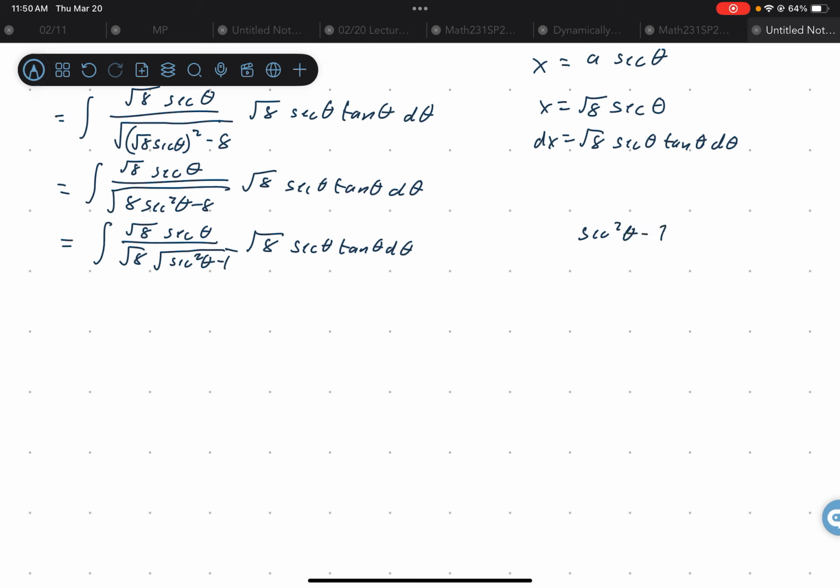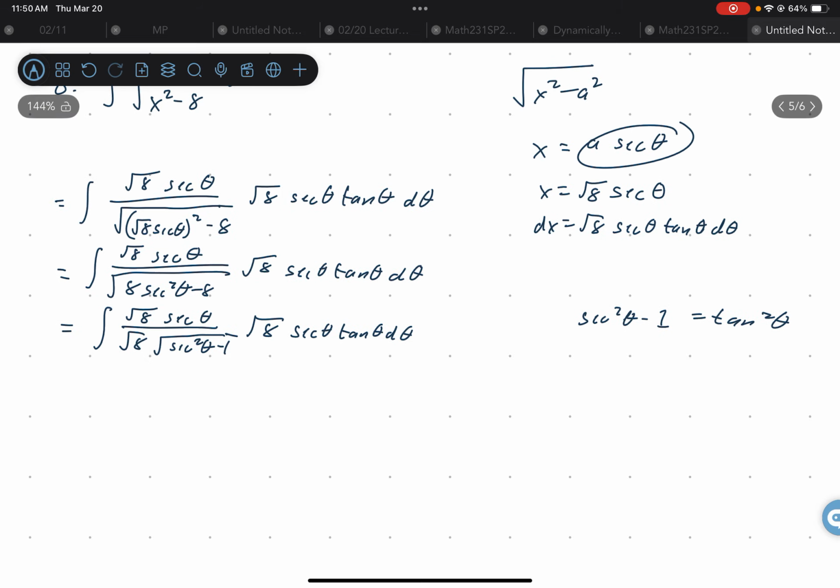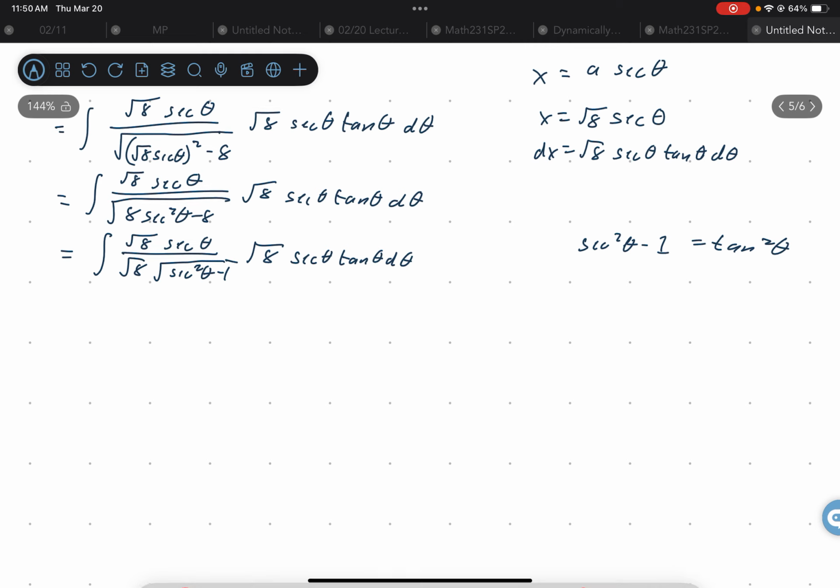But anyway, just remember secant squared theta minus 1 is going to be tangent squared theta as per the trigonometric identity. And again, that is why we used secant here instead of any other one, because we have secant squared minus 1, and that translates very well to tangent squared.